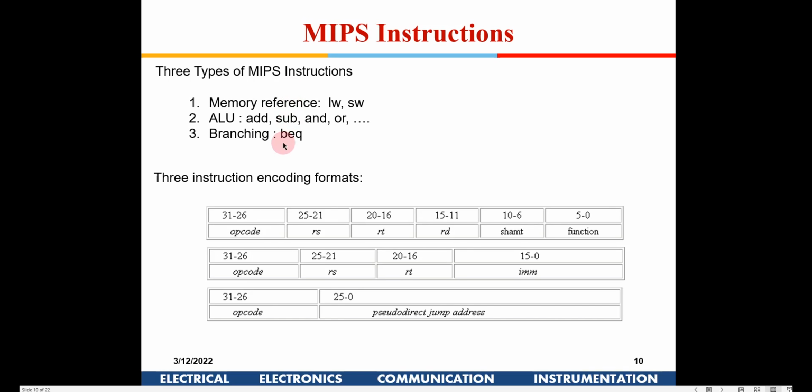It could be somewhere from 60 to 100, that's all, and each of them will have only 32 bits, that means 4 bytes. Whether it is a memory reference, ALU, or branching operation, all of these will have only 32 bits. That is the beauty of the MIPS instruction. We'll see this in detail again after a few more slides.